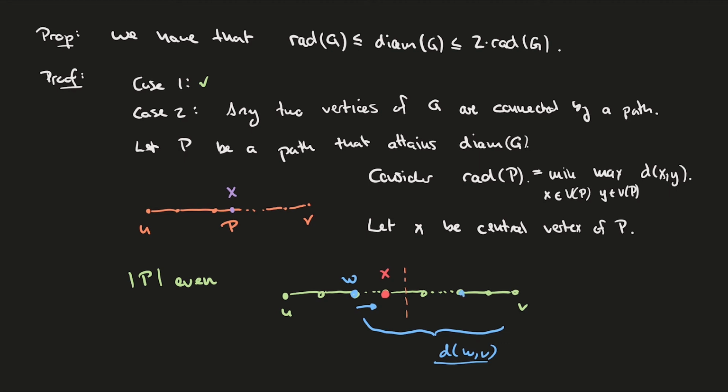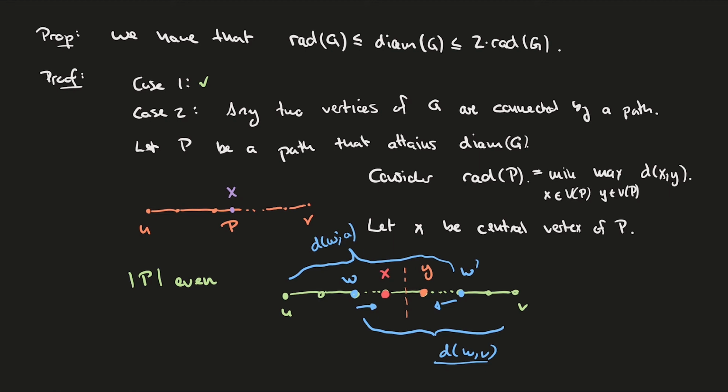Similarly, if we choose some w prime that lies to the right-hand side of y, which is the other vertex on this central edge, then we have that the distance between w prime and u is the maximal distance of w prime with any other vertex in the path, and we can reduce this maximal distance by moving w prime over to the left, while not increasing the distance between w prime and any other vertex beyond this new maximum.